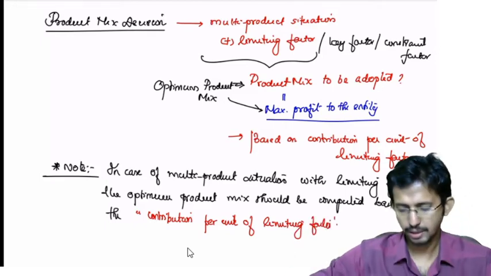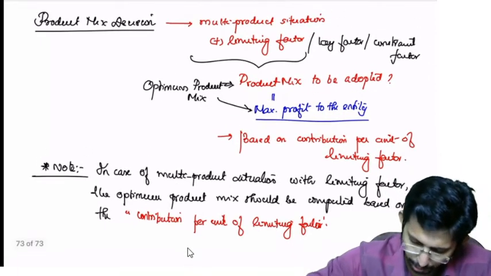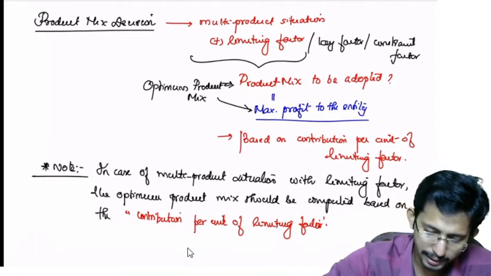Contribution per unit of limiting factor. And what is this contribution per unit of limiting factor? How do you compute that?